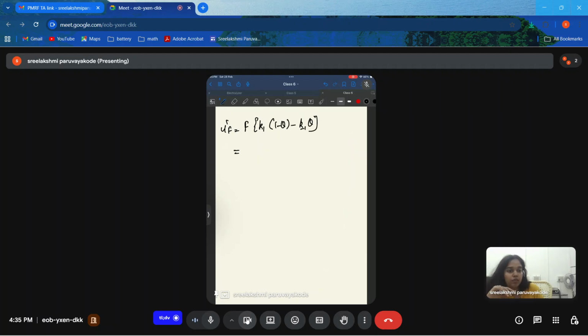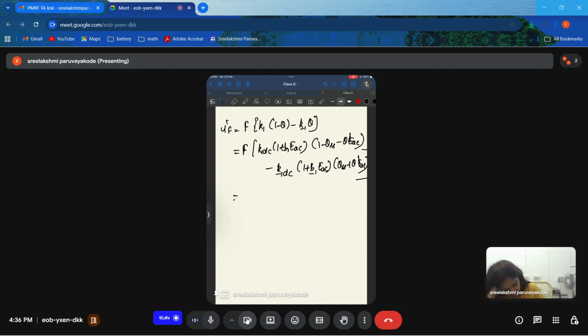Now what you can do is F K1 DC (1 plus B1 EAC)(1 minus theta SS minus theta dash EAC) minus K minus 1 DC (1 plus B minus 1 EAC)(theta SS plus theta dash EAC). This is the overall expression.